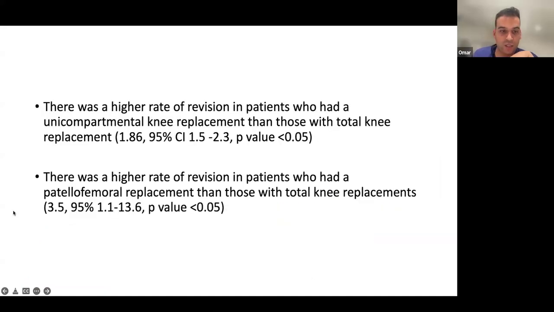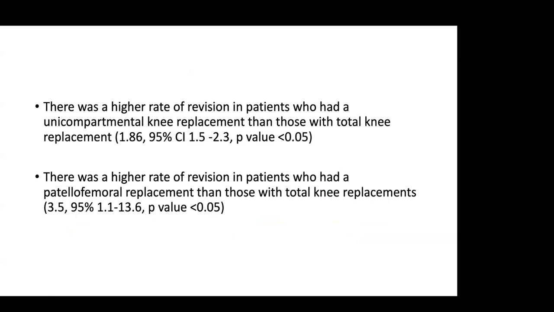So you see here 1.1 to 13.6. If it were to cross 1, it would say, for example, 0.7 or 0.8 to 13.6. Oh, okay. Does that make sense? Yeah. Thank you.